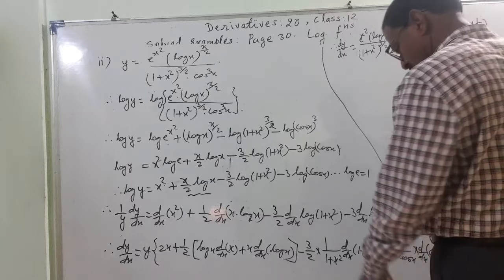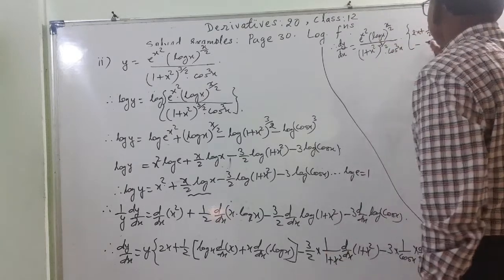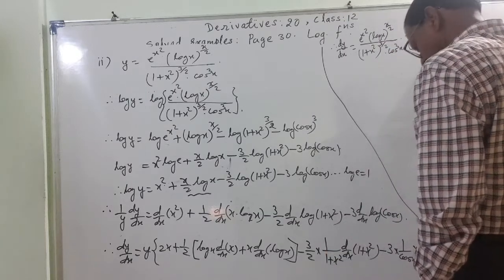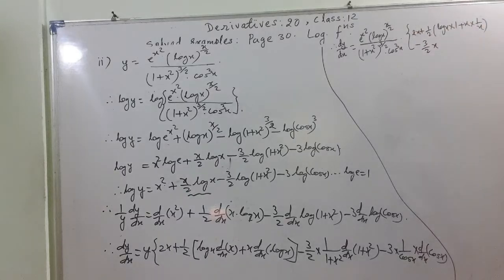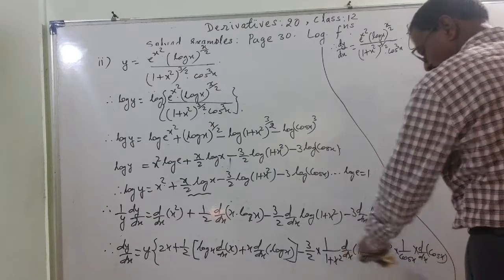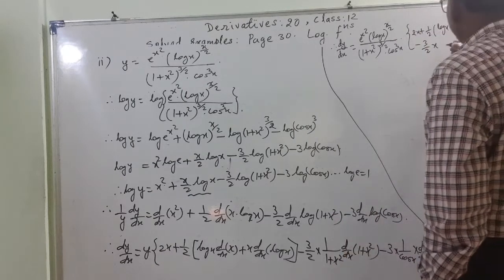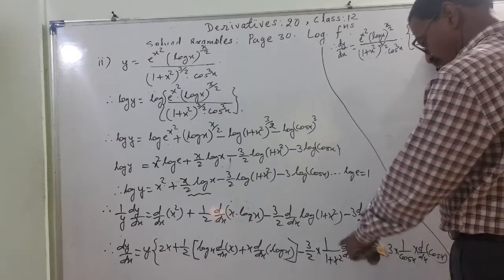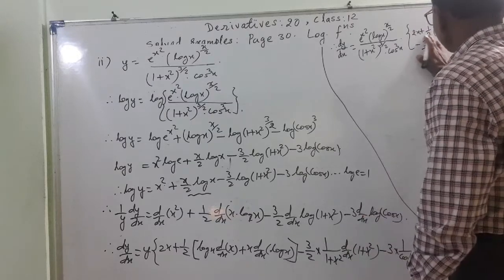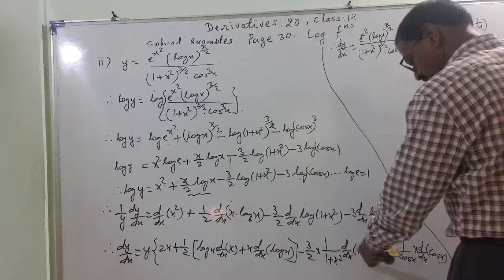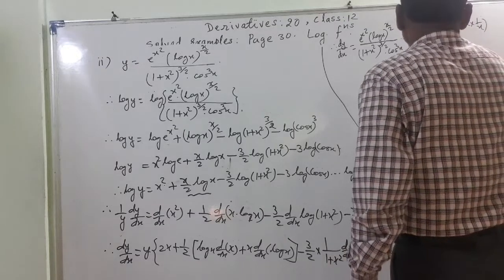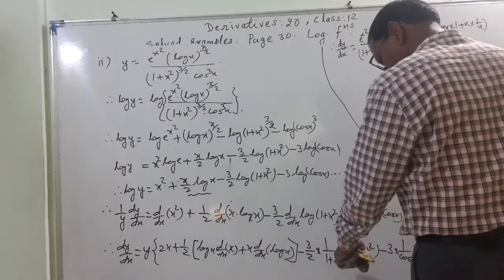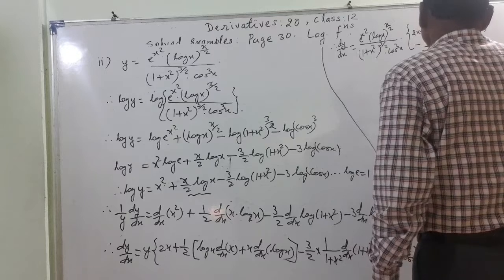Minus. This is 3 upon 2 x. For this I am taking now 3 upon 2. This I will write together. 3 upon 2 into this is 1 plus x square.